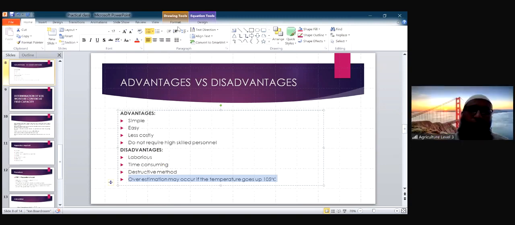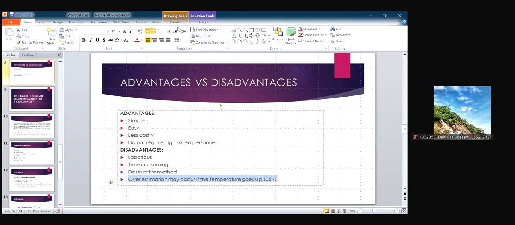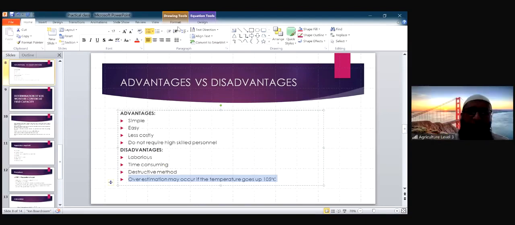Potential has a few components, like as I said, it could be matric potential. Matric potential means the pressure by which a soil particle holds water. The force that works between the soil particle and soil water, the force by which the particle holds the water, we call that matric potential.